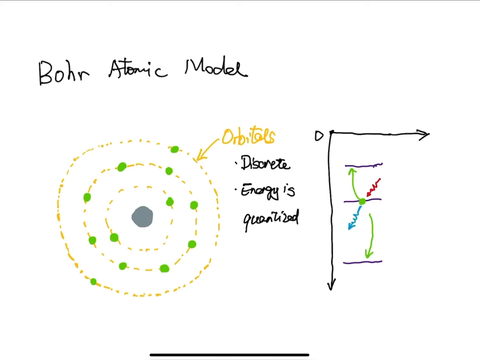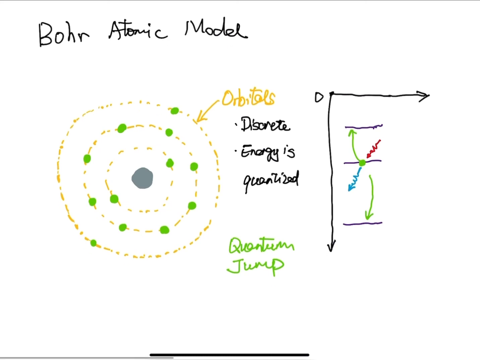This transition to another energy level is called a quantum jump. Thus, the Bohr model represents an early attempt to describe electrons in atoms in terms of both position and energy.